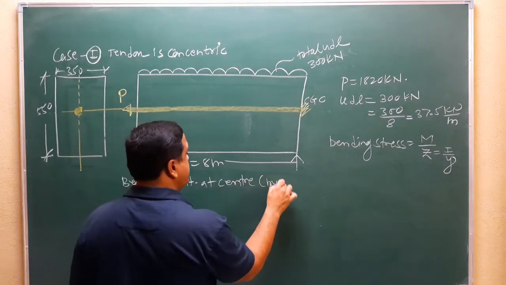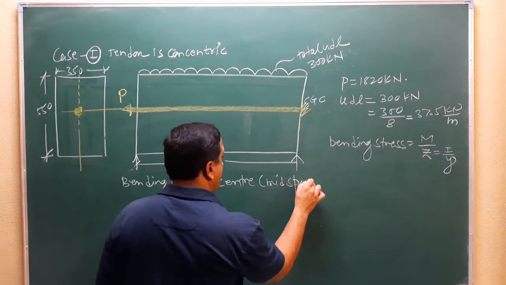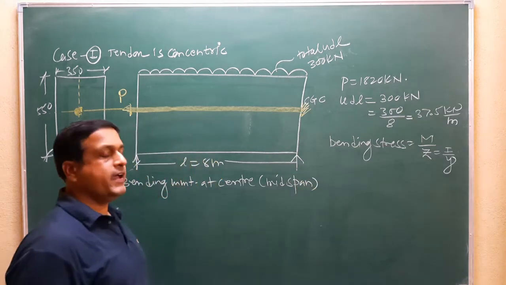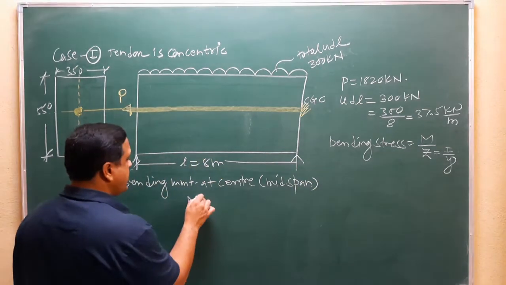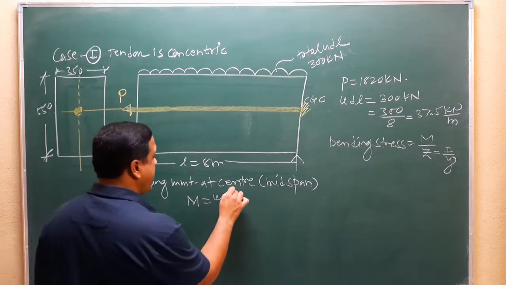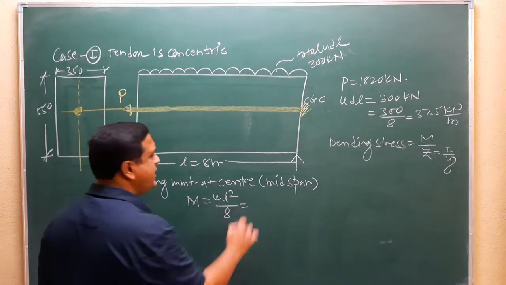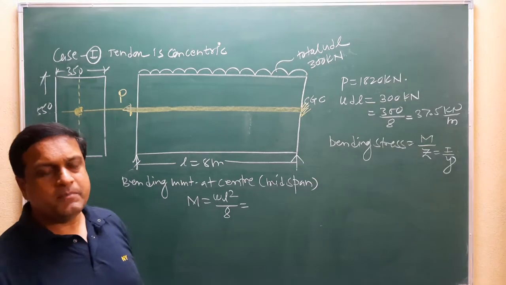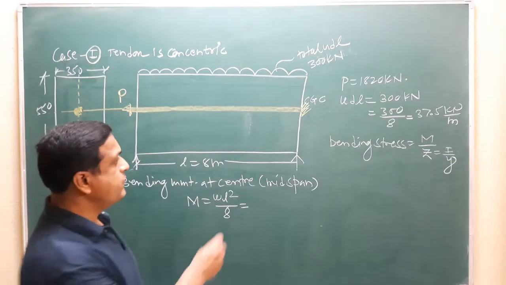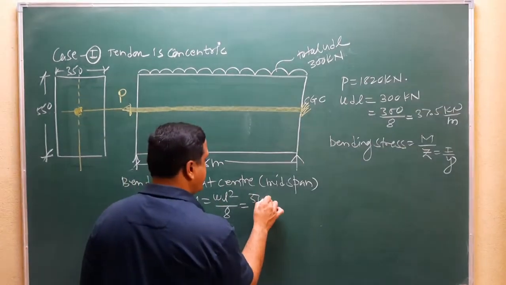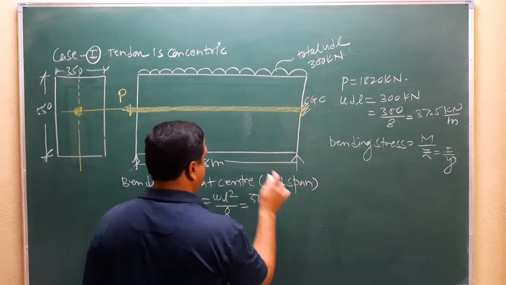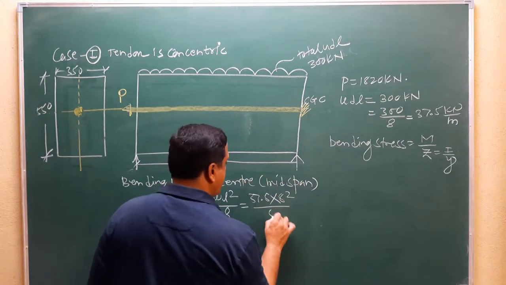At center means mid span, and we know that for a simply supported beam, the maximum bending moment is WL square by 8. So W is 37.5, span is 8 meter, divided by 8.